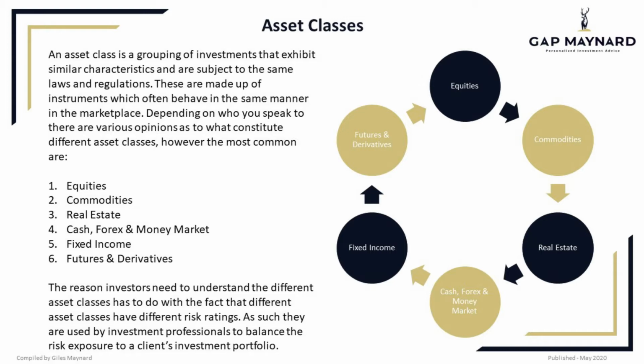classes. But the reason investors need to understand the different asset classes has to do with the fact that different asset classes have different risk ratings. As such, they are used by investment professionals to balance the risk exposure to a client's investment portfolio. Basically, what we're saying there is if you want to get huge growth, you're going to pick a specific type of asset class, and your portfolio is going to be constructed in such a way as to skew itself for growth.